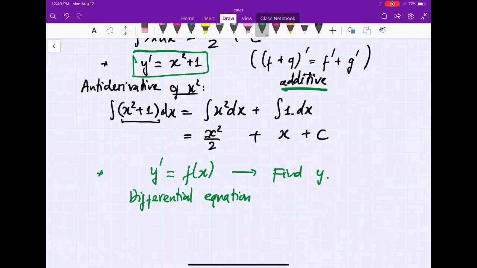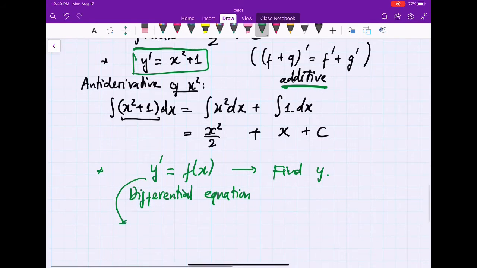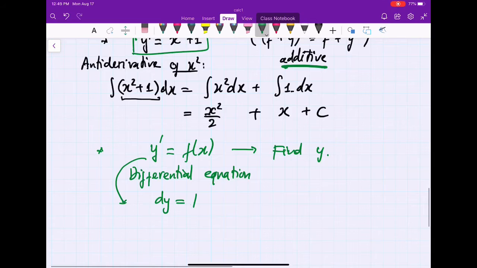How to see the differential in this case? You can write that it is nothing but dy equal to f of x dx, right? So you have the differential of y, and if you write in this form, that involves derivatives. And that is the simplest form of differential equations. So finding an antiderivative means solving the corresponding differential equation.